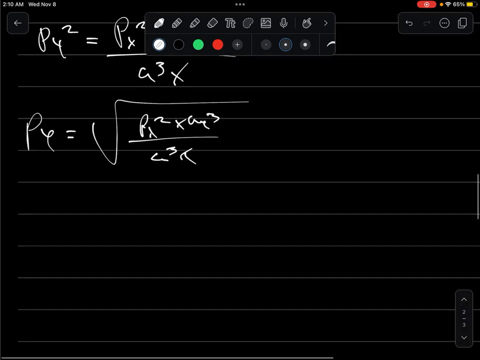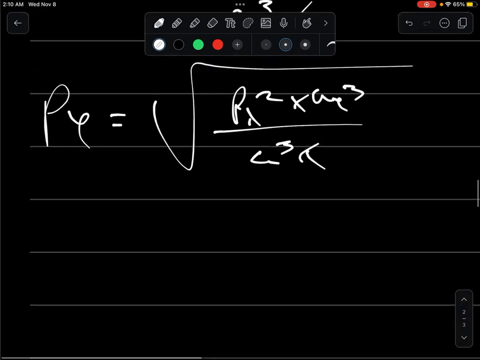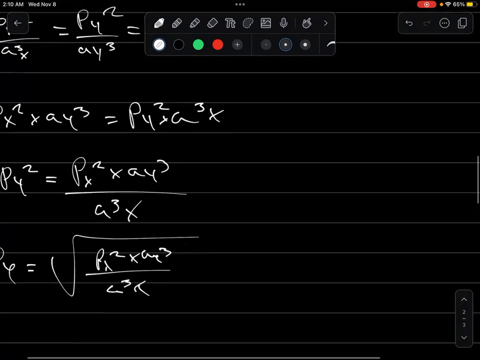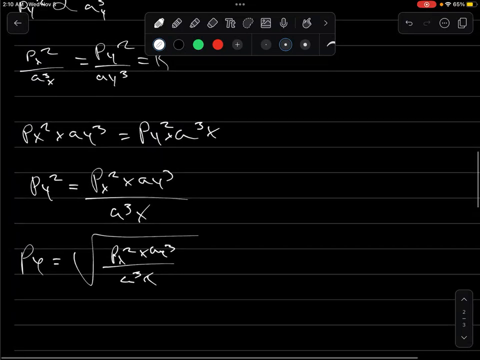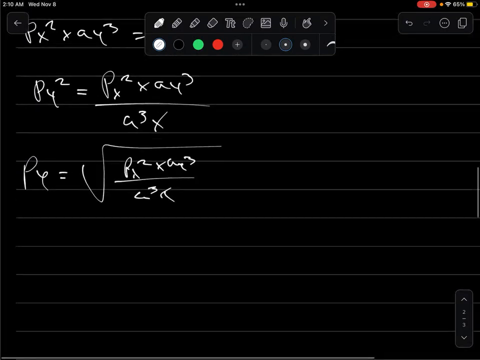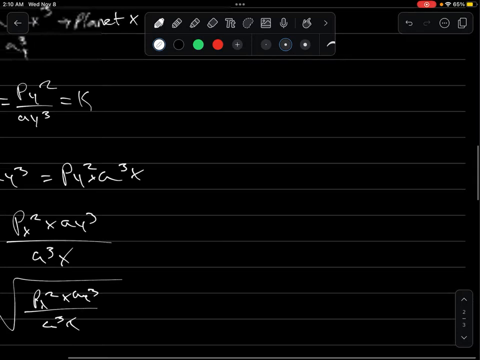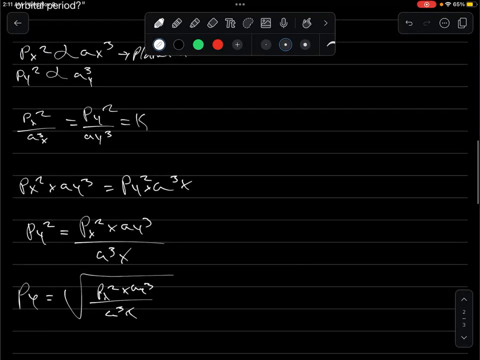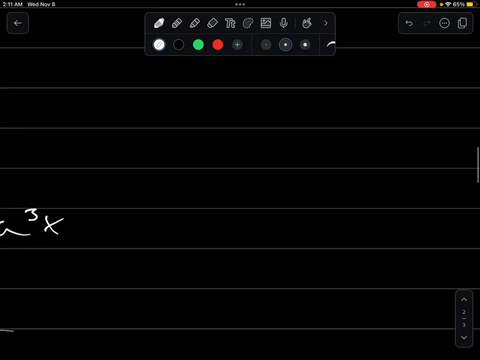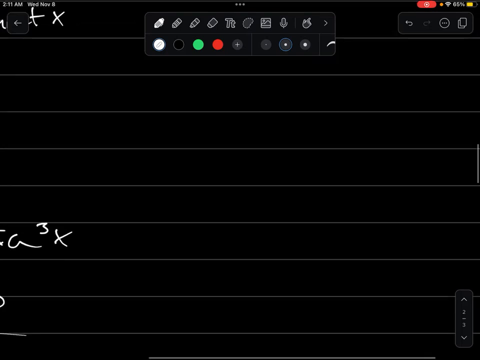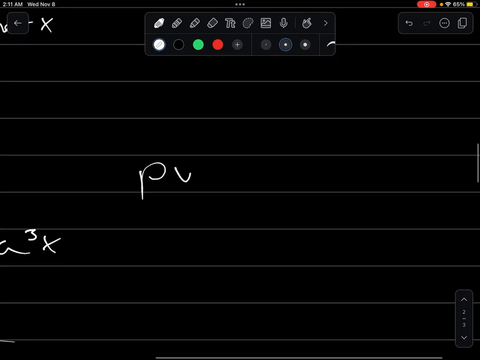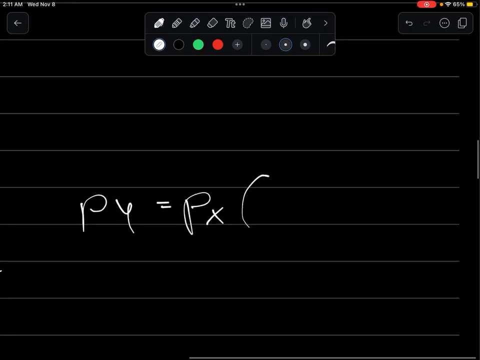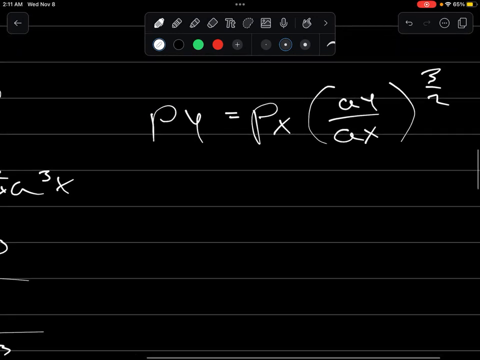And if I'm not wrong, I might have messed up my steps a bit here, but what you should get, guys, sorry it's a little late where I am, is p sub y equals p sub x times a sub y over a sub x to the 3 over 2 power, okay?